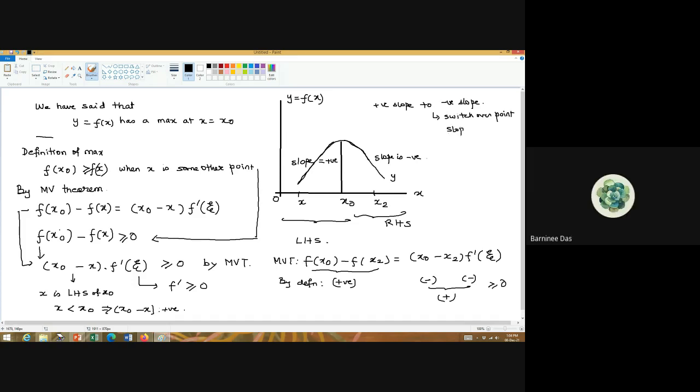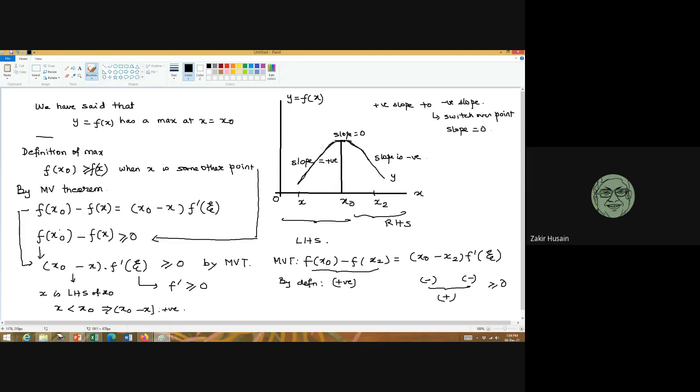The slope should be 0. So it's positive. As we are coming over here, it's negative. At some point, it has to be 0. And the switch.